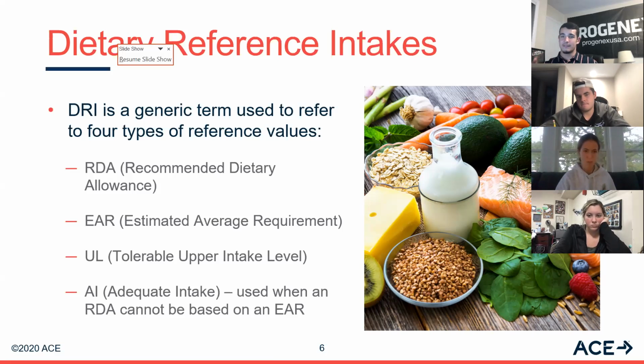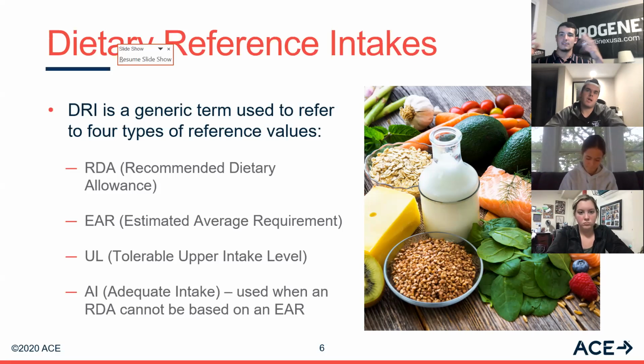Bear with me here. I know this stuff is kind of tough to wrap your head around, but just bear in mind that all these things mean different things. The tolerable upper intake level is basically the most that you can consume without becoming toxic. And the adequate intake is what is sufficient to maintain good health based on some research.